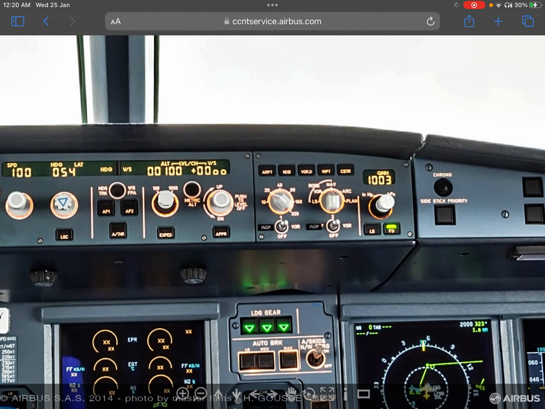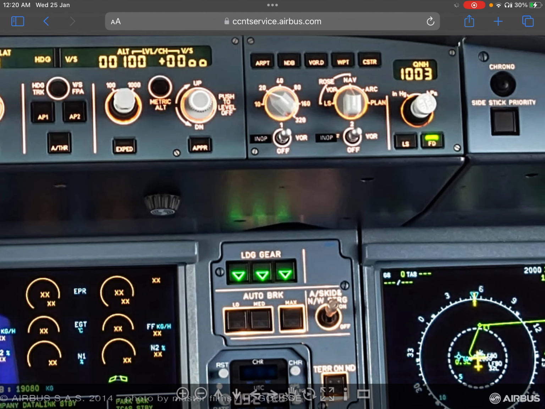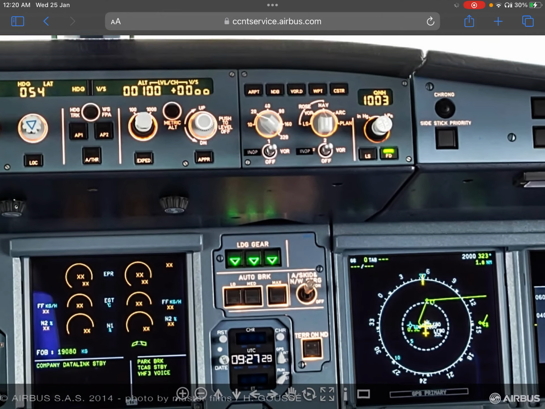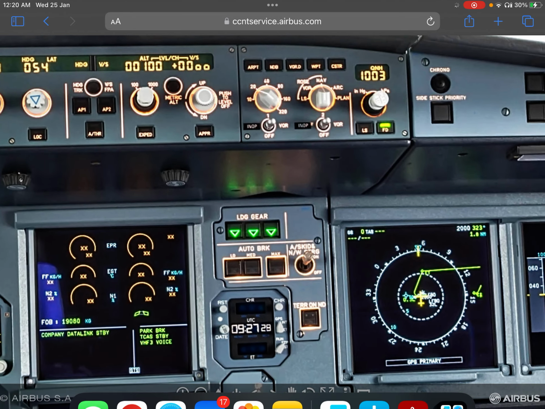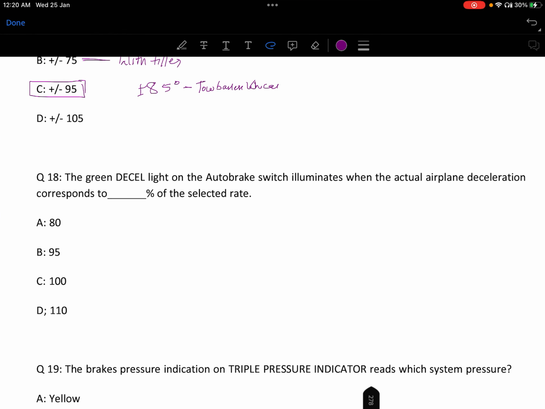Here the decel light comes, on the auto brakes panel. This decel light comes when the aircraft has achieved 80% of the selected rate.